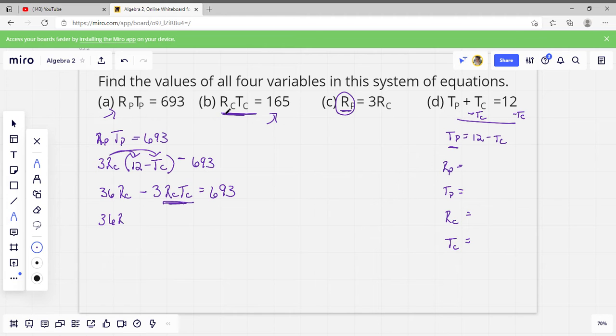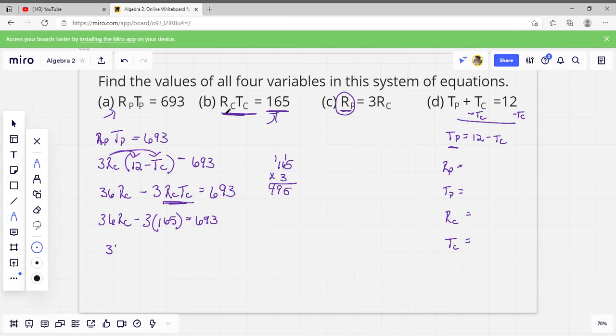36RC minus 3 times RCTC, which is 165, equals 693. So I need to do 3 times 165. 3 times 5 is 15. 3 times 6 is 18, 19. 3 times 1 is 3, 4. 495.